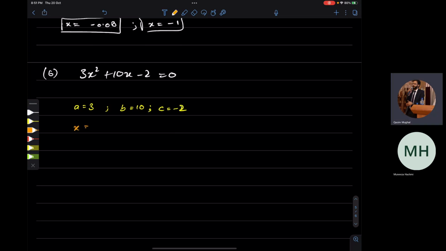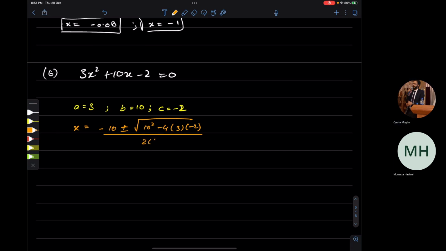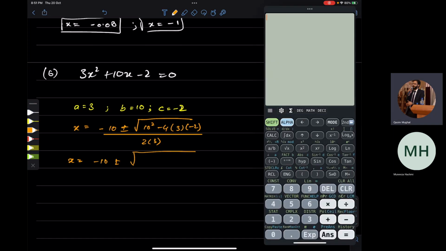So x would be equal to minus 10 plus minus square root of 10 squared minus 4AC, whole divided by 2A. Minus 10 plus minus 10 squared. All right, this minus times this minus, the second term is going to be positive because of it.